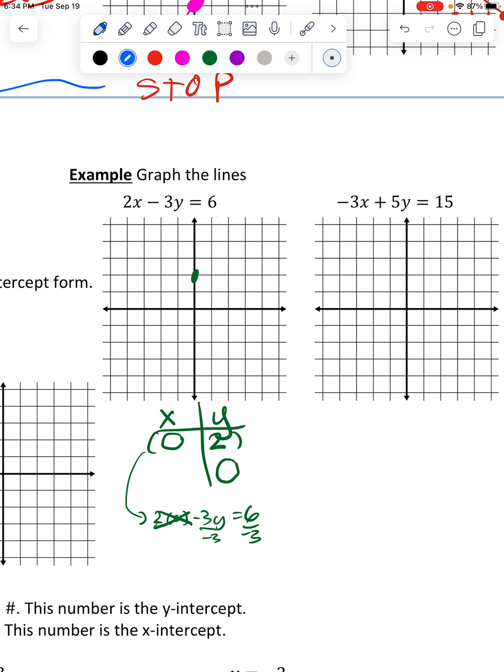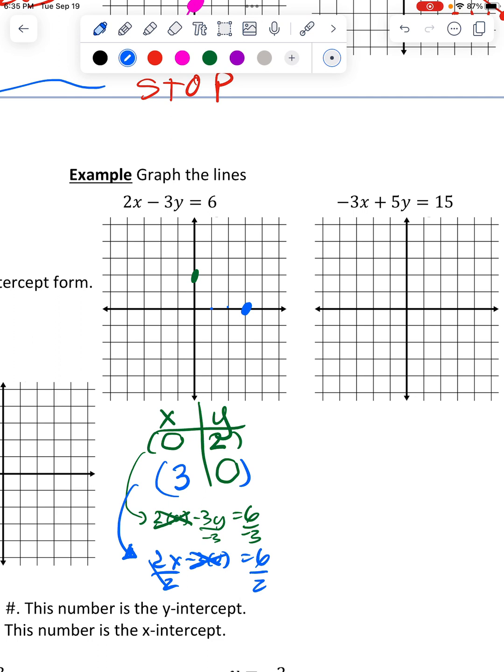Then if I want to figure out the x-intercept, I'm going to put a 0 in for y. This part is now nothing because it's multiplied by 0. So all I'm left with is 2 times what equals 6. So you already know that that's going to be a 3. So then if I go 1, 2, 3 on the x and 0 up or down, I get my x-intercept.